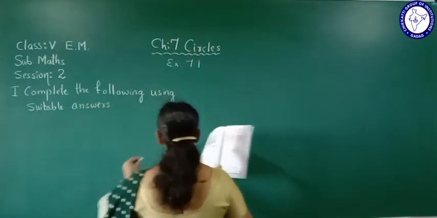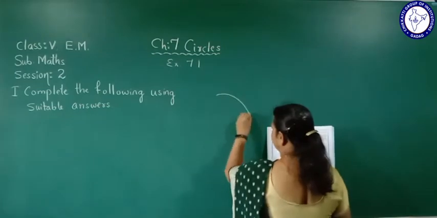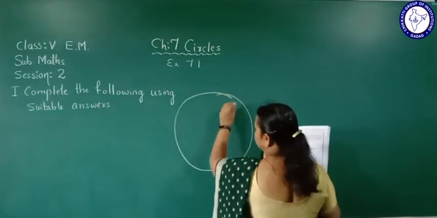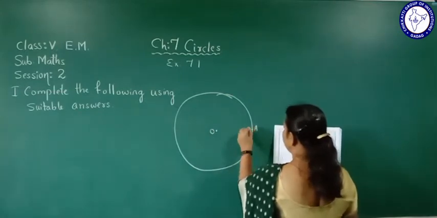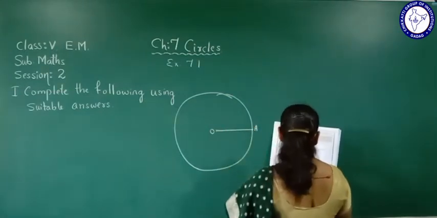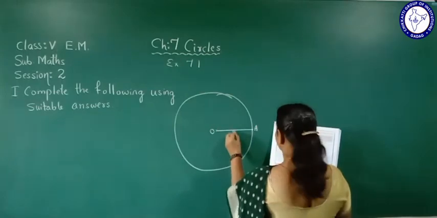So here one circle is given. There O is the center of the circle, point A is on the circle and OA is radius.